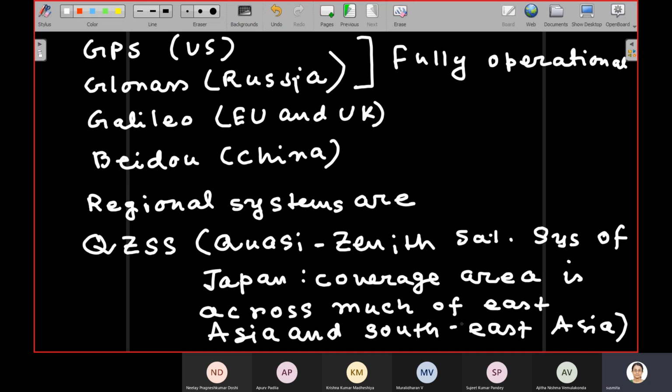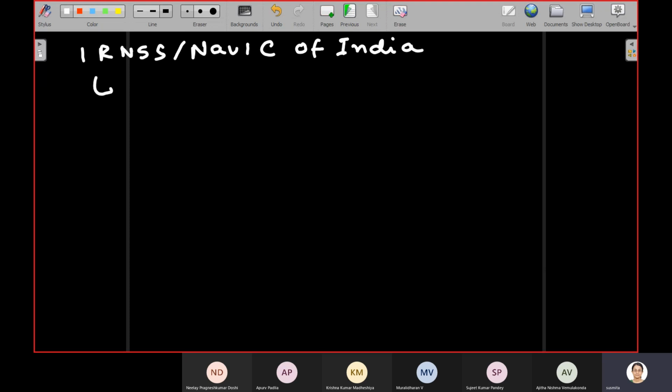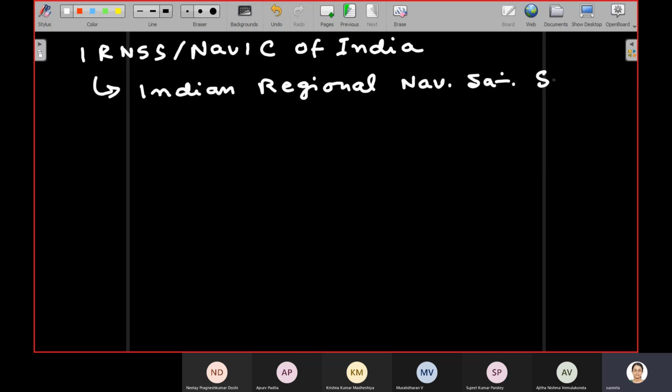Then the second one is IRNSS or NAVIC of India. IRNSS stands for Indian Regional Navigation Satellite System.